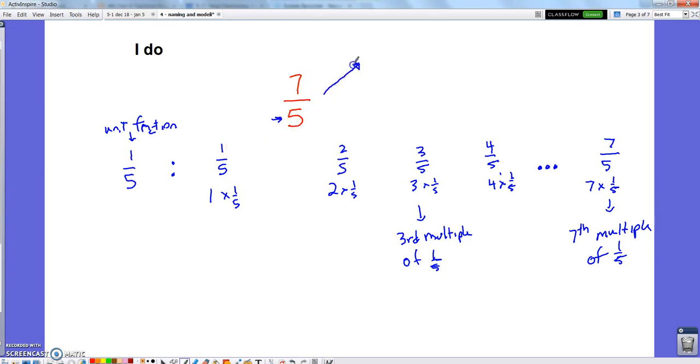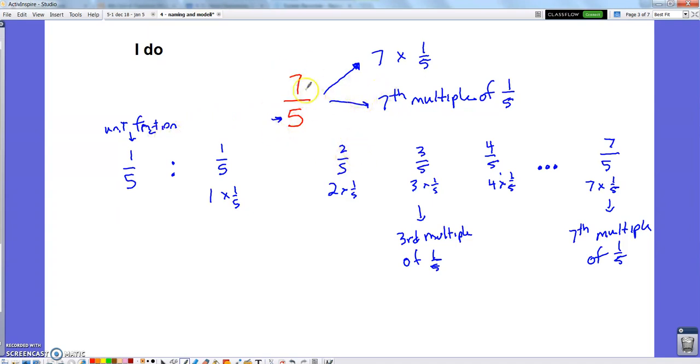I want you to know, first of all, that I could rewrite that as a whole number times a unit fraction. That all 7/5 means is 7 times 1/5. And that is the 7th multiple of 1/5. All right, so that's just some straight math dealing with multiples and unit fractions.